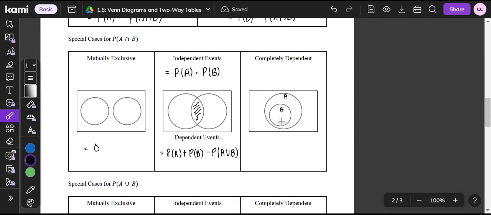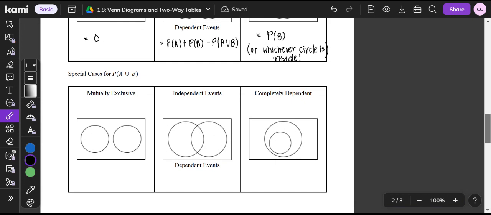So if this happens and you're told to figure out what the intersection is, well, the intersection of these two circles is the entirety of circle B because it's completely contained inside of circle A. So I would say this is just the probability of B, or whichever circle is inside. So it's just the probability of B because I labeled this circle B. If I had switched it, then this would be the probability of A.